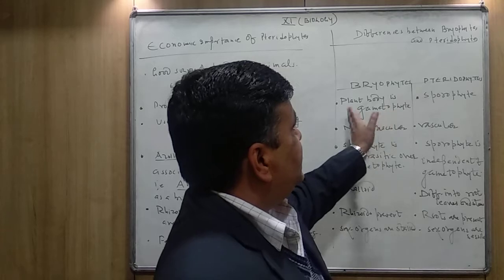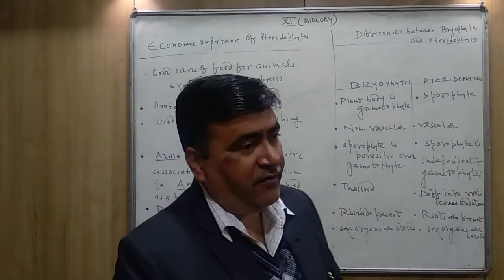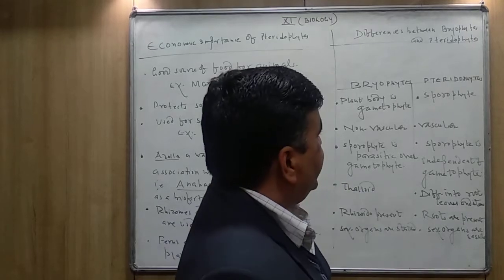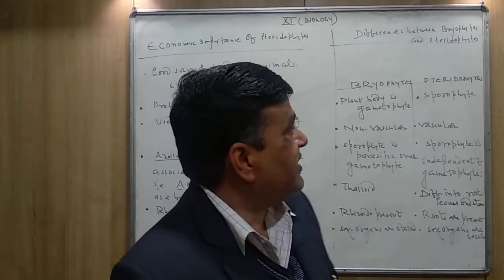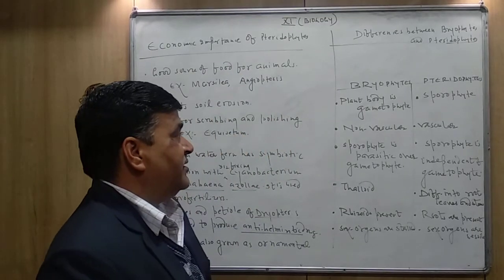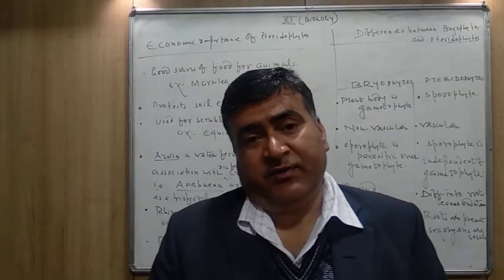But in the difference, you have to make the points like this. The plant body of the bryophyte is what? Gametophyte, while the main plant body of the pteridophyte is called sporophyte. The bryophyte is a non-vascular plant.